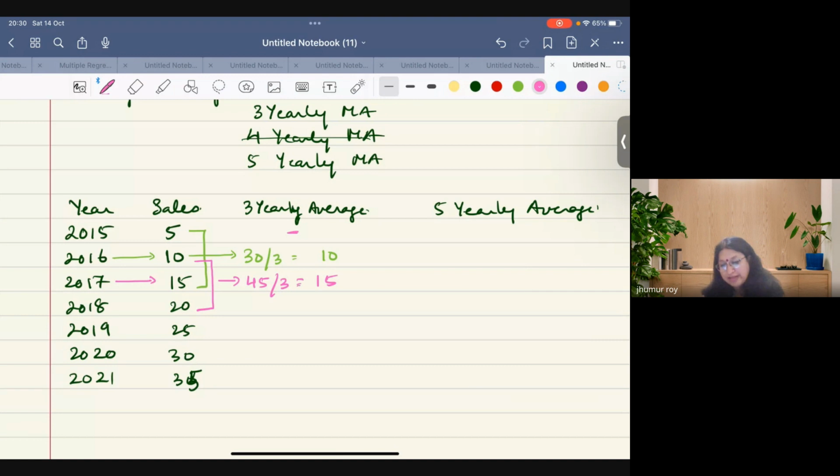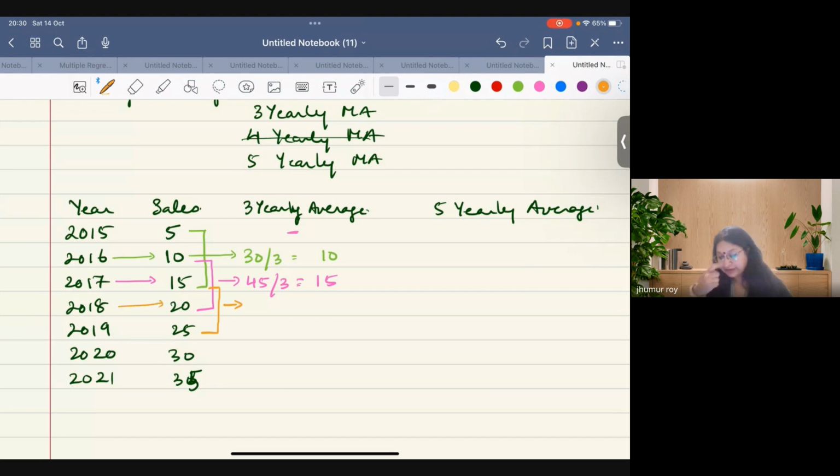Slowly I am going one step down to calculate the average. The next group I take will be from 15 to 25. Is everybody clear? That's why I'm using different colors, so there's no problem understanding.